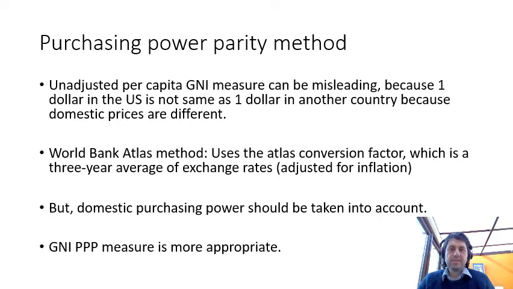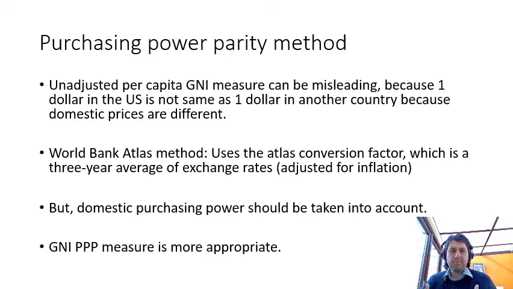So we need some way of converting these prices across societies. The way that we do it is what I refer to as the Atlas method used by the World Bank, which is basically a 3-year average of exchange rates adjusted for inflation.